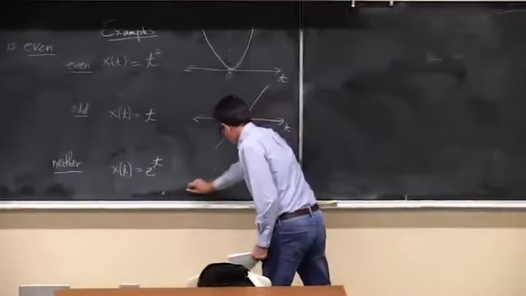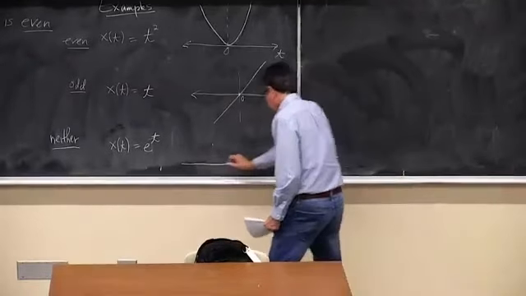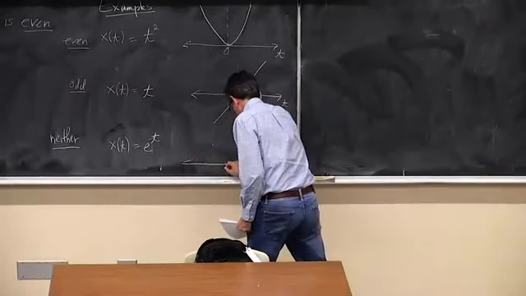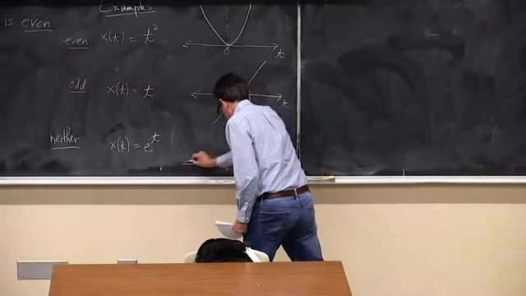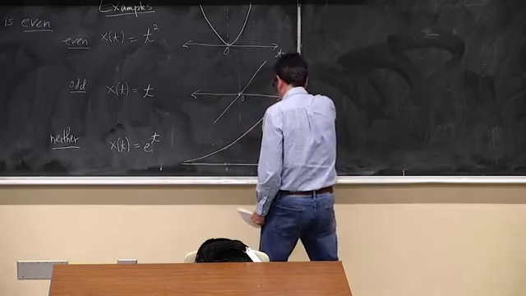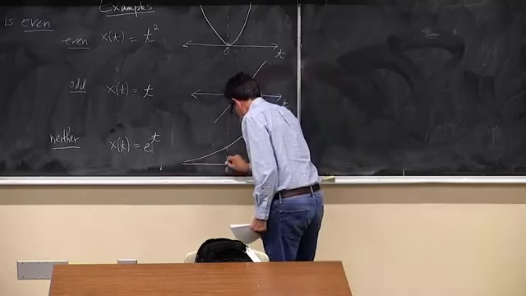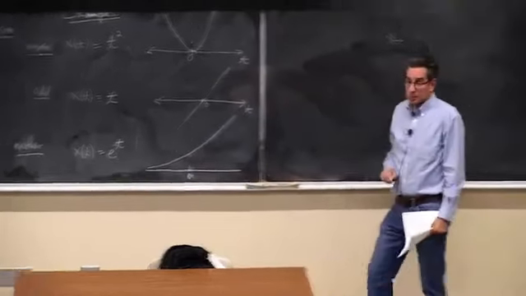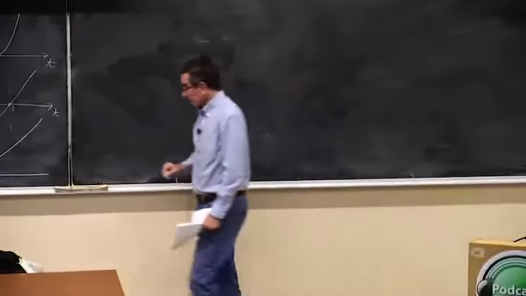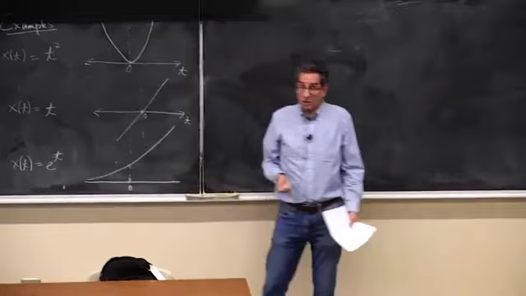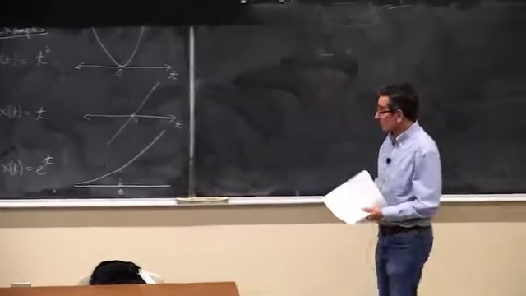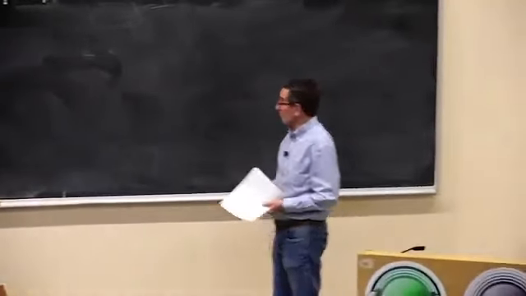I'll just sketch it briefly here. It's clear that if I flip that around t equals 0, it's not going to look like itself, and it's not going to look like its negative. So that's an example of a signal that's neither even nor odd.